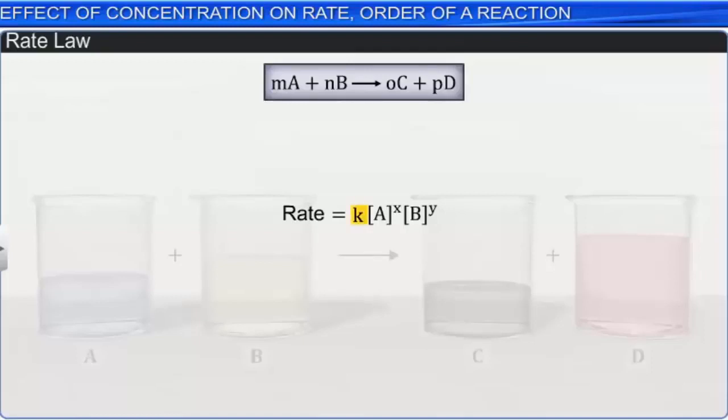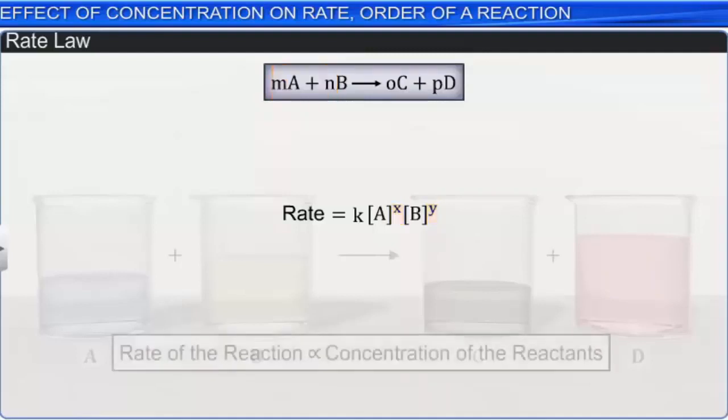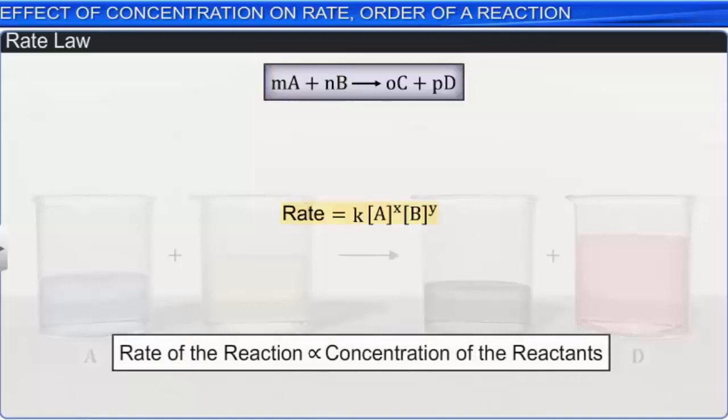The K in this equation represents the rate constant. The exponents x and y may or may not be equal to the stoichiometric coefficients m and n of the reactants A and B, respectively. This expression, which relates the rate and concentration of the reactants, is called the rate law or rate expression.